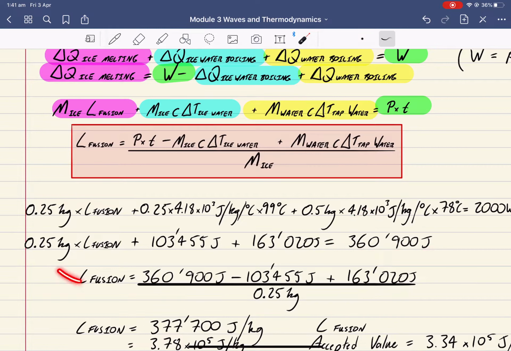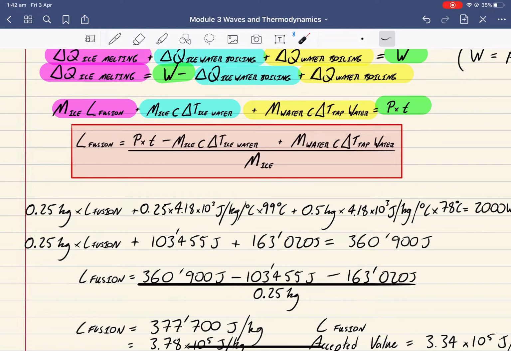Rearranging this to make it in the format of this equation here, we have the latent heat of fusion is equal to this term, so that is the total energy the kettle used based upon its wattage and the time it was on for, minus the energy put into the ice to heat the ice water from 0 degrees to 99, and that should be a minus there, we'll just clean that up, minus the amount of energy put into the actual liquid water that we added, the 500 mils there, and taking that to boiling as well.